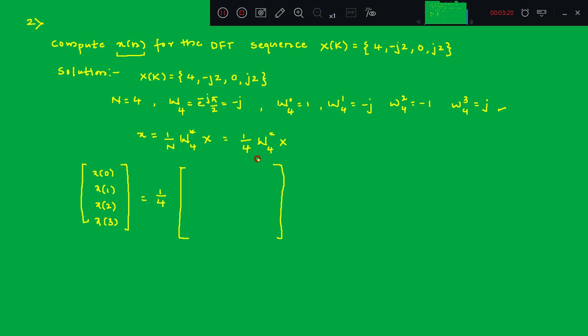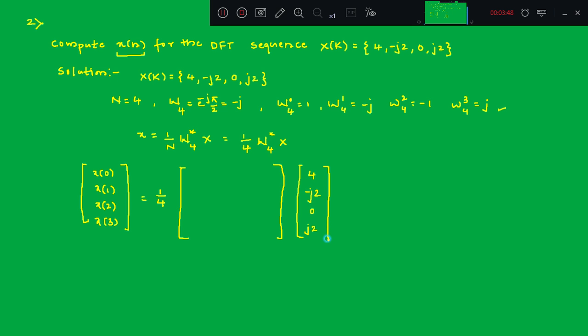If you remember the elements of the 4 cross 4 DFT matrix, just take the conjugate of each element, you will get the IDFT matrix elements. Then multiply by what? The input sequence. In this example, the input sequence is x of k. Write down the elements: 4 minus j2, 0, then plus j2.